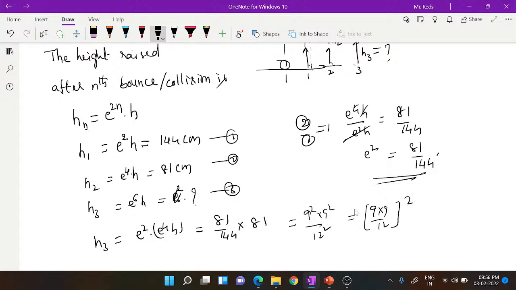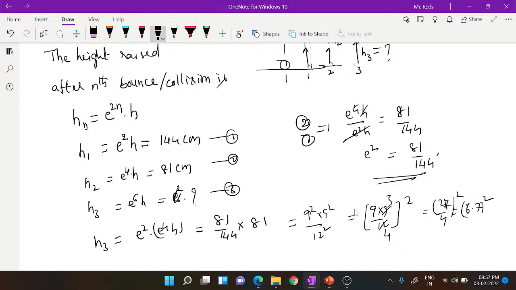So 3 threes, 3 fours. This is 27 by 4. 4 sixes, 24, so 3 remains. 4 sevens, 28.